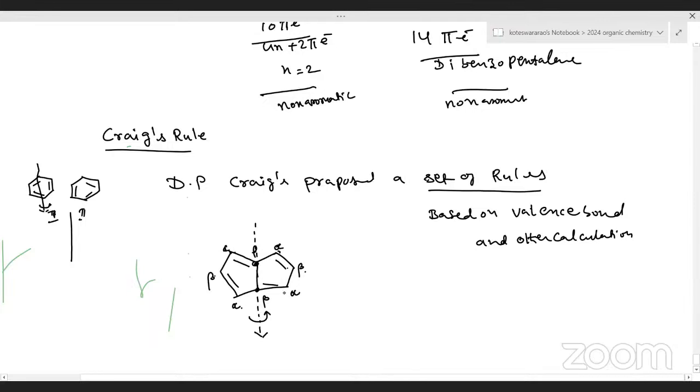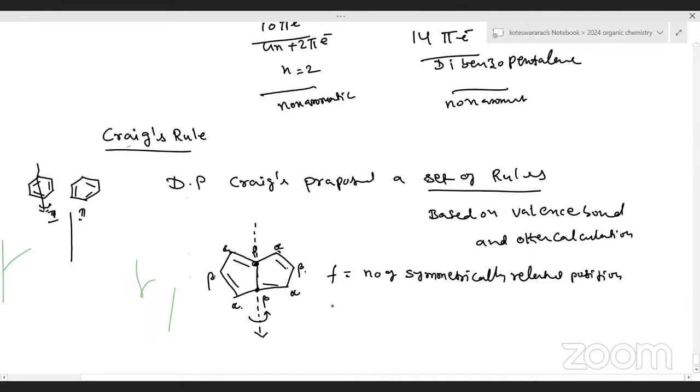Moreover, these two have the same spin symbol. This is called F, where F is equal to the number of symmetrically related positions.